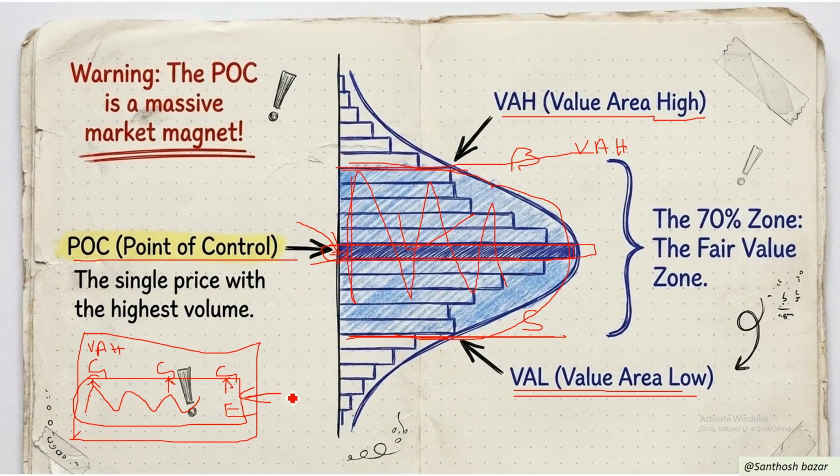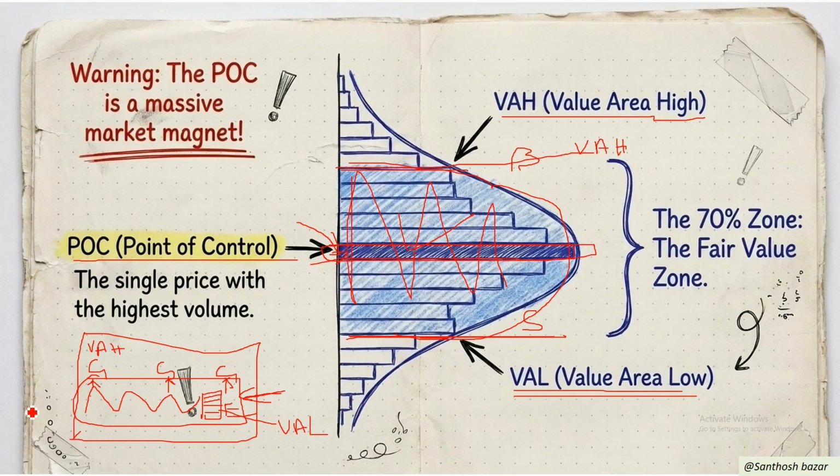Generally, when you go to any supermarket, the discounted racks are placed at the entrance. So prices are cheap, representing the best bargain within the store. This is called value area low.